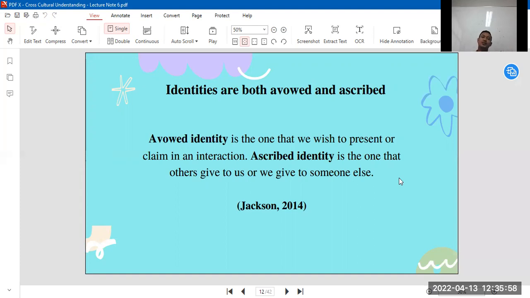An avowed identity refers to the process of telling others what identity we wish to present or how we see ourselves.